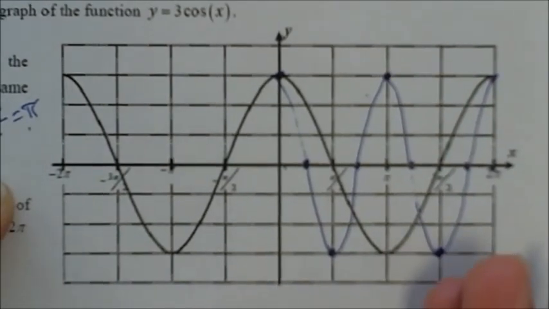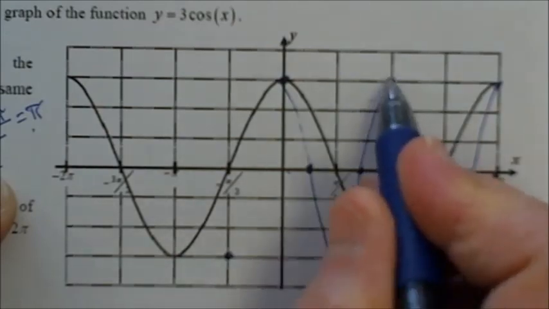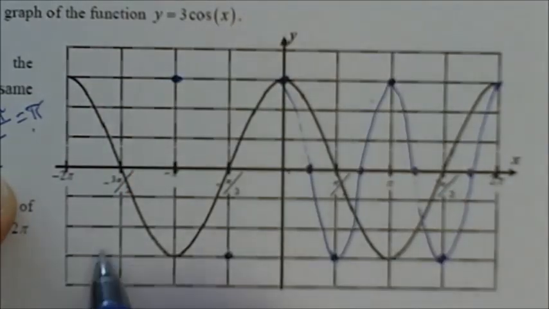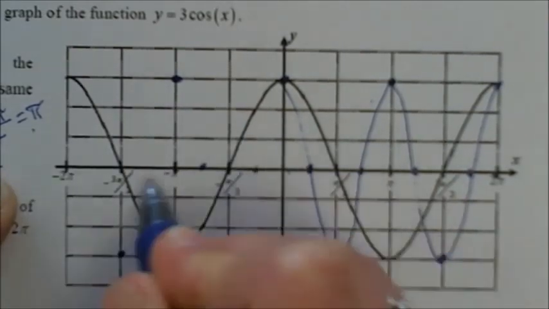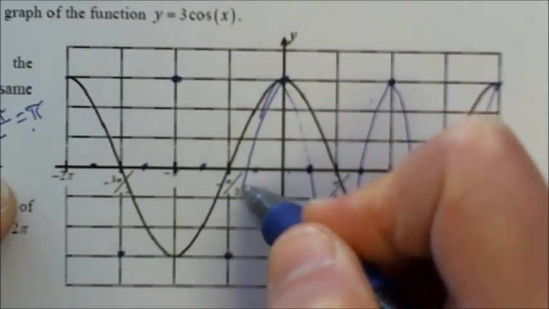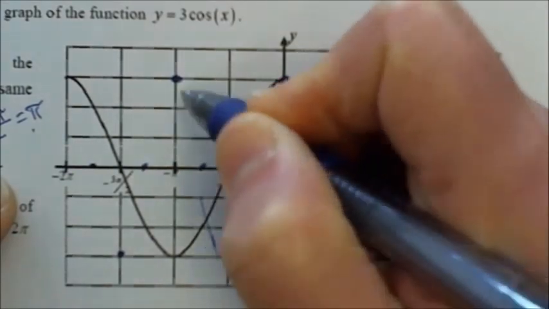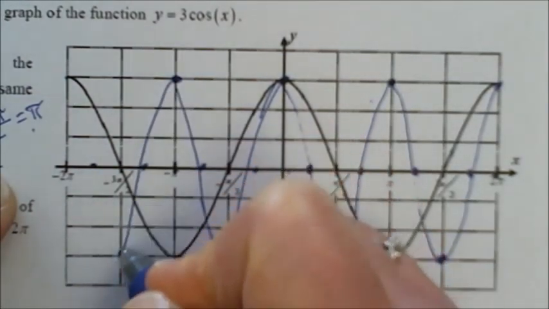And now it's symmetric with the y-axis, so we can just reflect these over the y-axis to get our points and get the other portion of our graph from 0 to negative 2 pi.